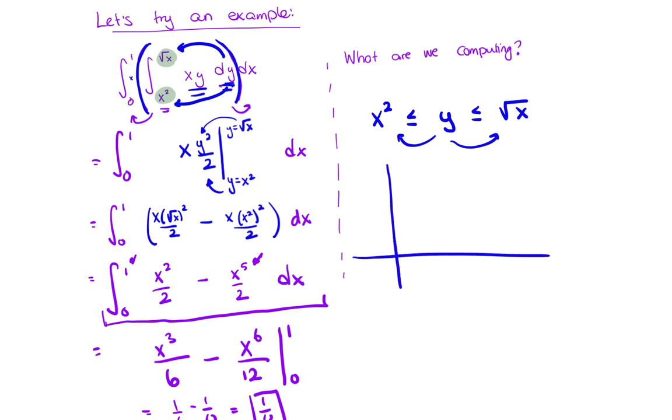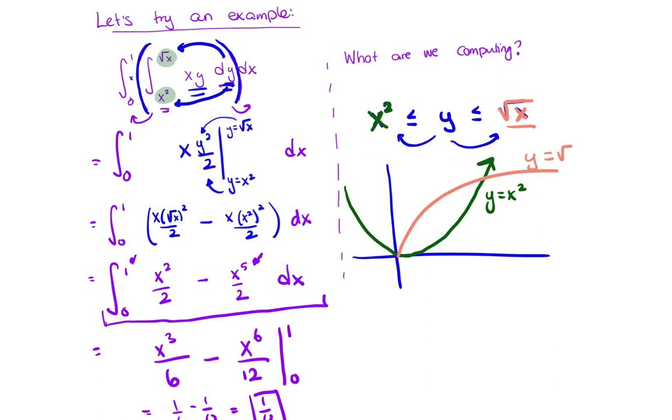So let's draw those functions. I'm going to go ahead and color code this here. Let's just write this root x here in this nice peach color. We'll make the x squared green. So y equals x squared. It's this guy. Nice, beautiful parabola. And then my square root function looks like this.